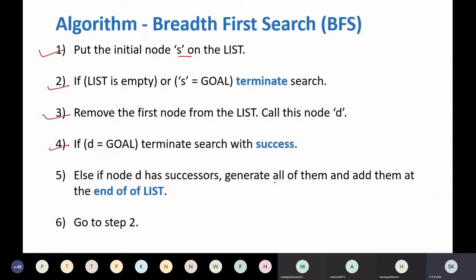Now here there is a change. Else if it is not a goal, generate all the successors and add them at the end of the list. This is important. You are going to put elements at the end of the list and repeat steps 3, 4, 5 until you reach the goal. So again, go to step 2.